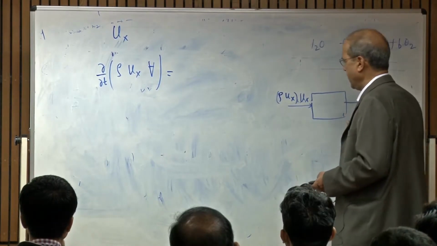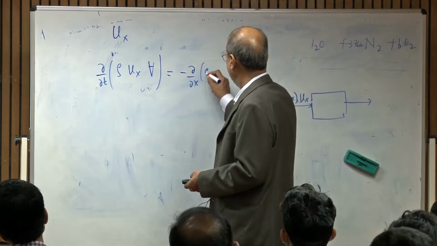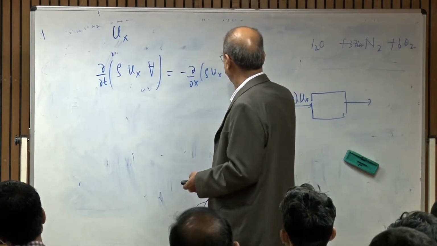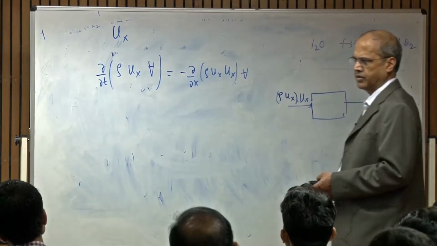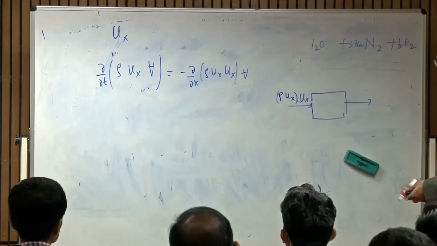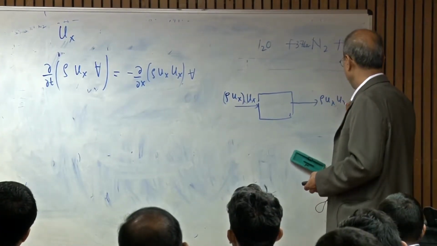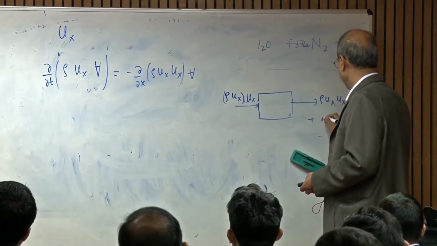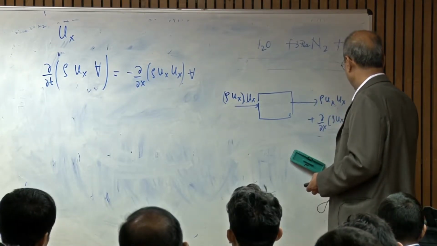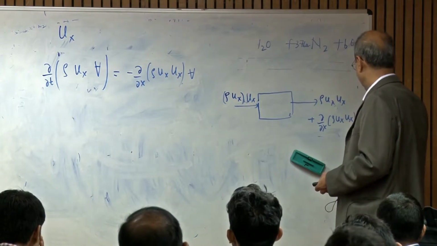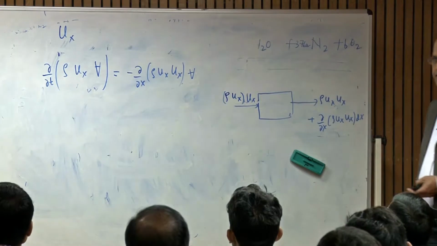So when you take the net, it will give us rho ux times the volume, okay. Will be this minus this quantity, right. So the net will be minus this quantity.